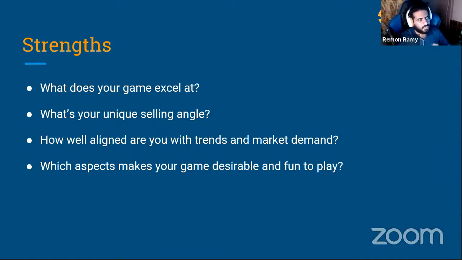What's your unique selling angle? For example, Assassin's Creed is very historically invested, which I think is something that makes it quite unique. Its gameplay is quite unique as well. There's a lot of things that can be considered your unique selling angle, but it's very important that you have something that you can use to differentiate between your game and other games on the market, because you're about to enter a competition, right?